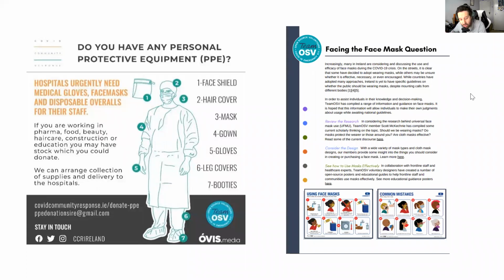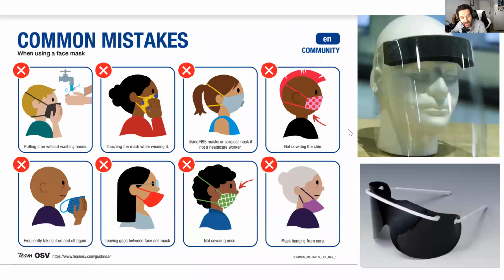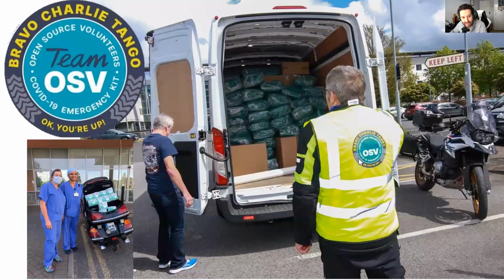So, calls for protective PPE and equipment to help supply healthcare workers and nursing homes, question documents dealing with issues that were very controversial at the time, like mask wearing and how you should wear them and common mistakes, educational guidance in a number of different languages to show people simply how to stay safe while using this equipment, and then lots of hardware that was developed as well, like face shields and goggles and glasses.